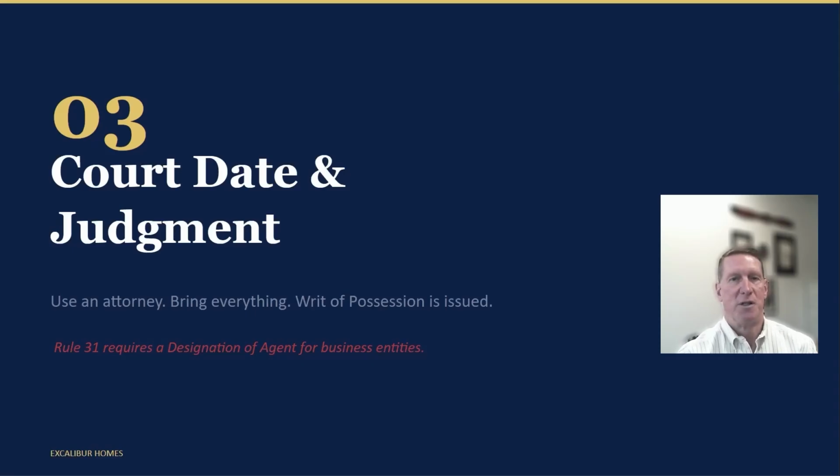One of the challenges is you might own your property in an entity like a sub-S corporation or an LLC. Well, that entity is a legal entity separate from you and your person.